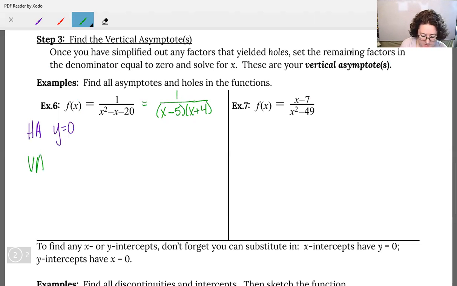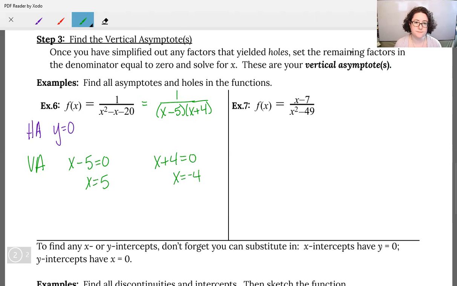So for your vertical asymptotes, one will occur where x equals 5. So it will not cross that vertical line at x equals 5. And the other at x equals -4. It is absolutely possible to have 2 vertical asymptotes on a graph. We won't see too many of them, but algebraically, that can definitely pop up on a regular basis.